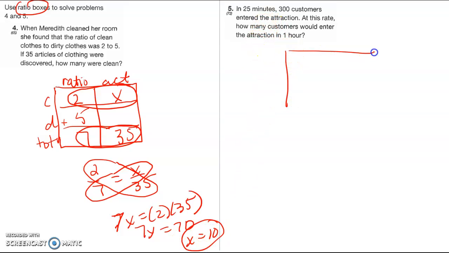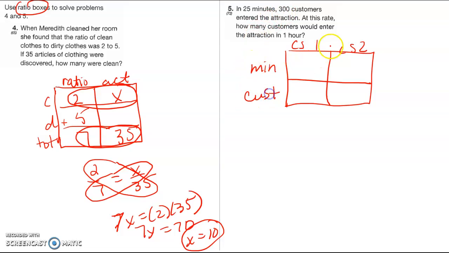Over here I also need a ratio box, but it's going to be kind of different than the one we just had. This is a case 1, case 2, and I know that because I've read the problem. So the problem says in 25 minutes, 300 customers entered. So I have minutes and customers. 25 minutes, 300 customers. At this rate, how many customers would enter in 1 hour? Now this is kind of sneaky because 1 hour is 60 minutes.